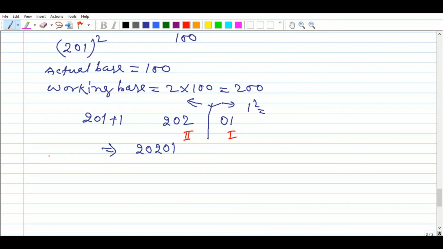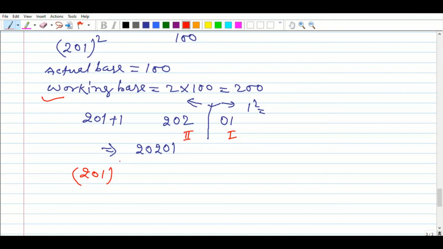But as we multiplied the actual base by 2 to get the working base, the left hand side part 2 we multiply by 2 and part 1 we keep as it is. We get the square of 201.